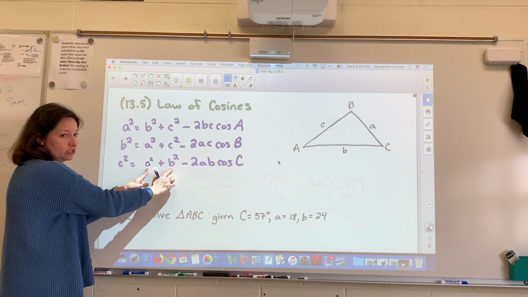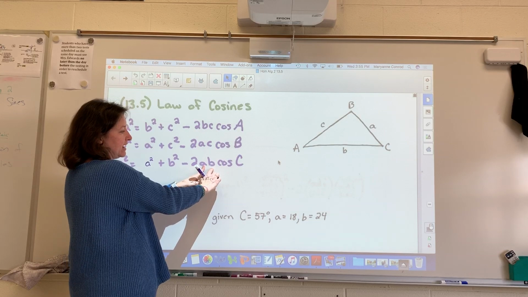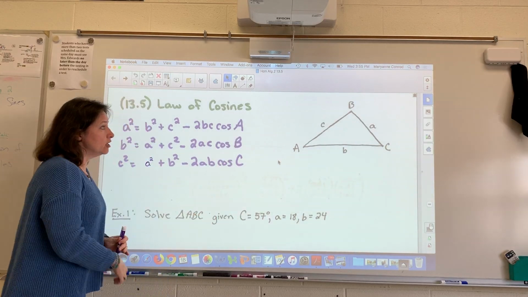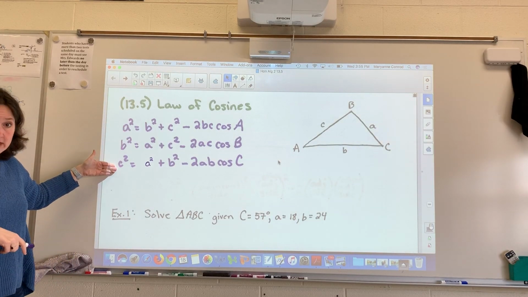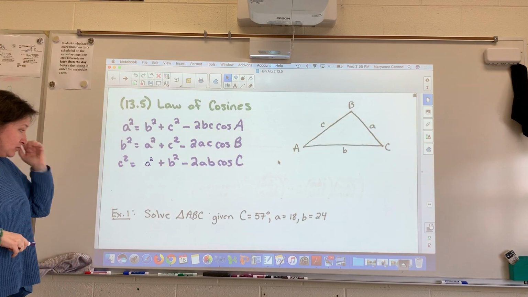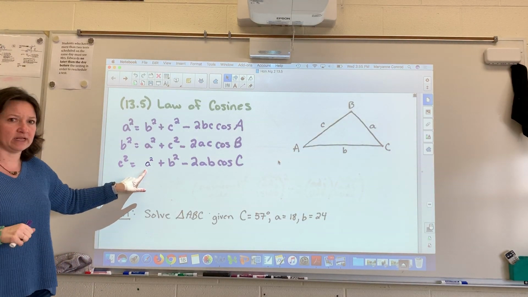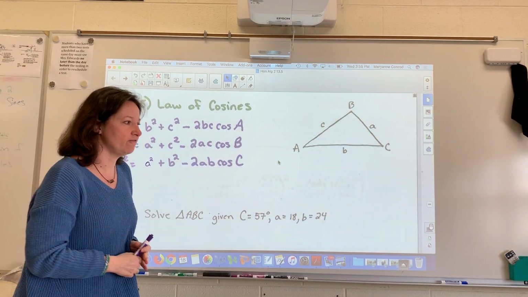The other two sides go here, a squared and b squared, minus 2 times the other two sides, ab, cosine of angle C. So the angle you're working with determines the side over here, and that determines the sides here and here. And make sure you fix that mistake on the printed notes if it's missing the a there. That's a squared.